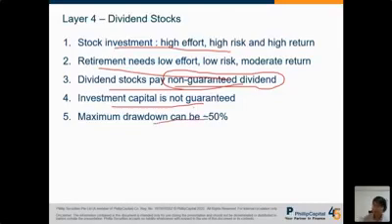Maximum drawdown, meaning maximum crash, can be 50%, and that actually happened last year to some of the REITs and some of the stocks. So do take note that if you invest in stock, this is the maximum drop you should be expecting. If you cannot afford to absorb this fluctuation, then don't invest in dividend stock.